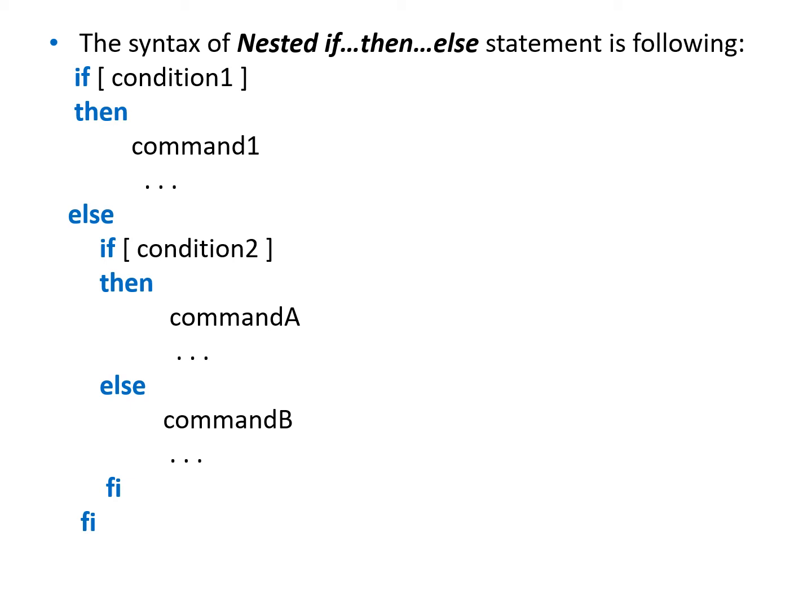Else command B and so on. Fi. In this nested if then else statement, an if then else statement of condition 2 is placed in the false block of the if condition 1 statement.